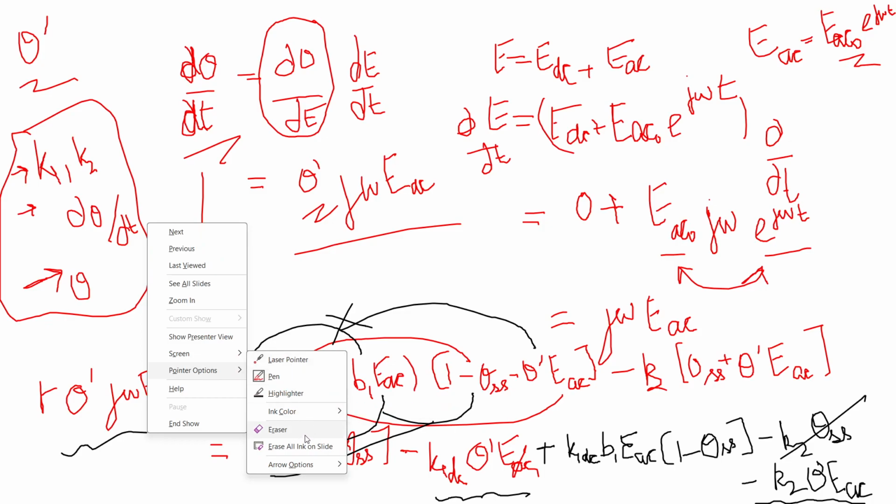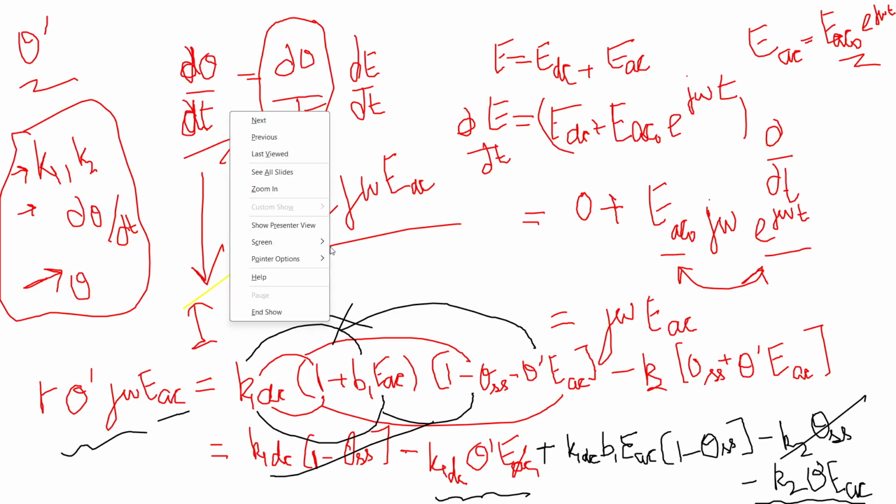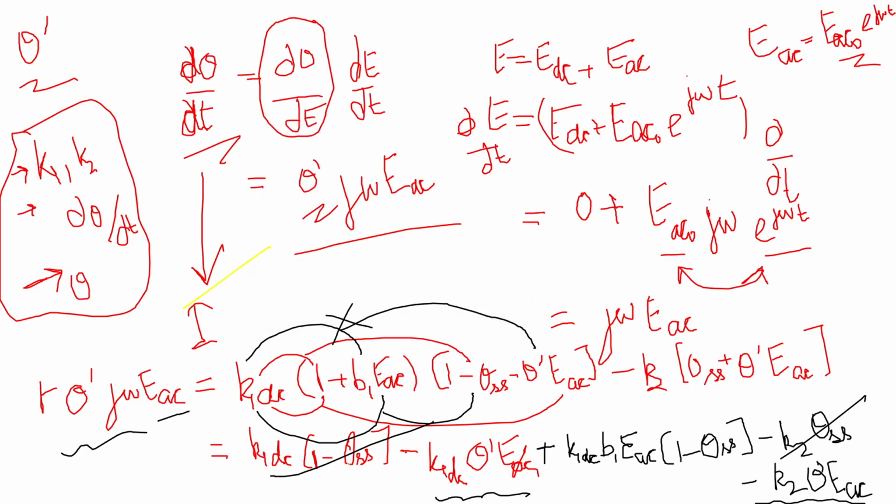Is that clear? Yes, clear. So this EAC, sorry, because I cut off all those terms which are having constants. So now this EAC is something which is there in this term, and this term, and this term. I'm cutting off all. Okay.